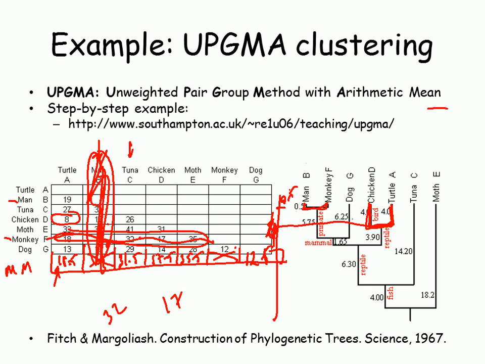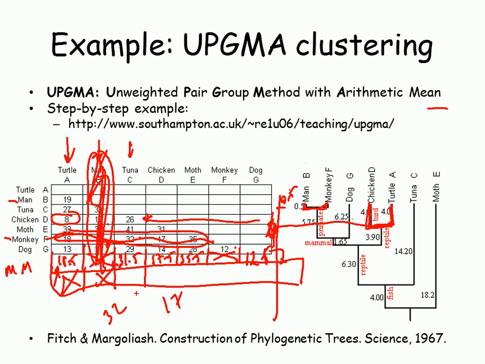And then we repeat the same operation for updating the matrix that we did for man and monkey. So combining chicken and turtle, we'll get rid of this row, and we'll get rid of this column. So we are adding a new row and column to this matrix. Okay. So this one doesn't need to be calculated. This one doesn't.